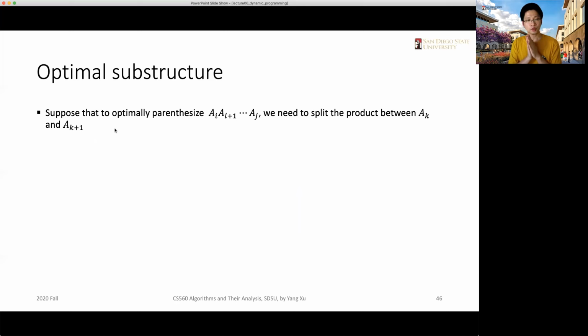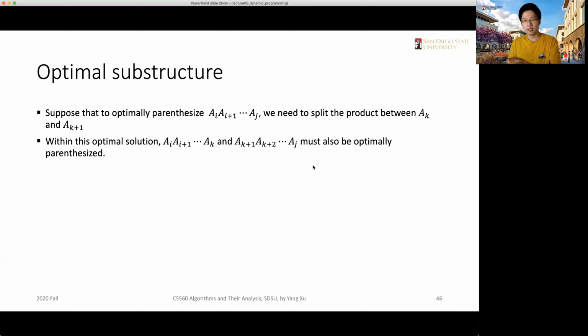Suppose the optimally parenthesized chain from Ai to Aj. In order to obtain the optimal parenthesization, we need to split the product between Ak and A_{k+1}. And within this optimal solution, the left chain from Ai to Ak and the right chain from A_{k+1} to Aj both need to be optimally parenthesized.